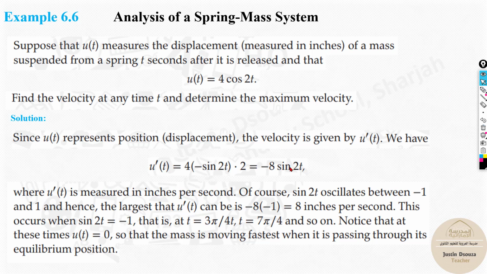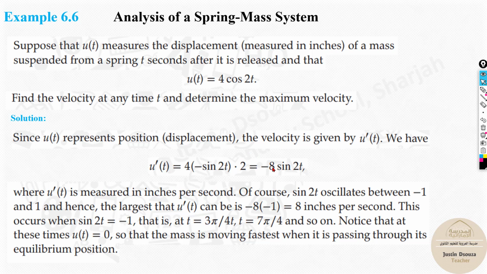The easy way to understand it, because I just got confused by it, is to substitute any one of the range values over here. Which is the maximum value? Here, sine 2t, if you put minus 1, this entire thing, you'll get positive 8. Whereas if you put 1 over here, it will be minus 8. So minus 8 is lesser.